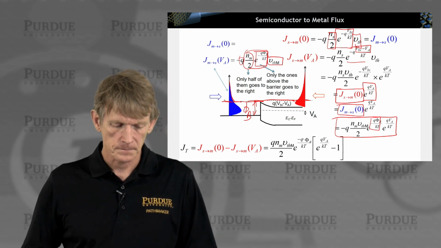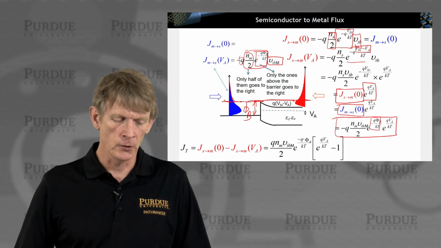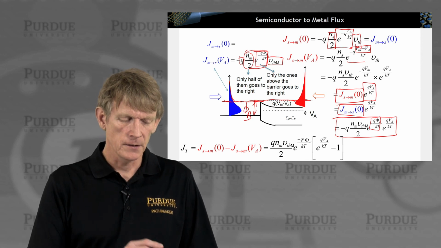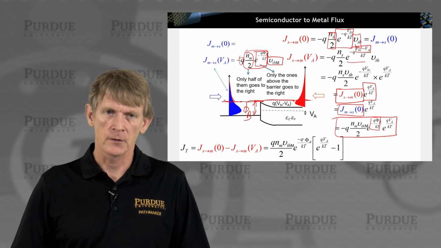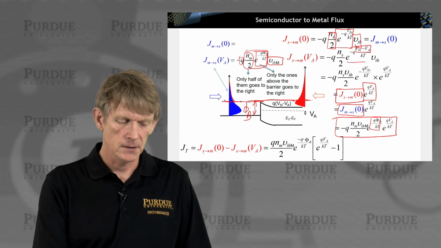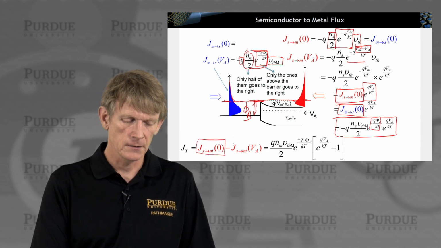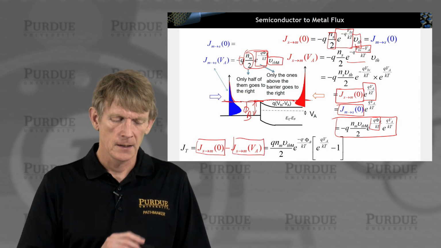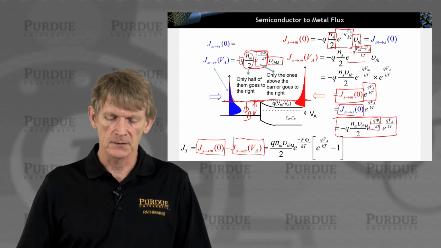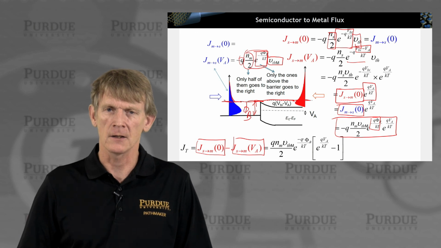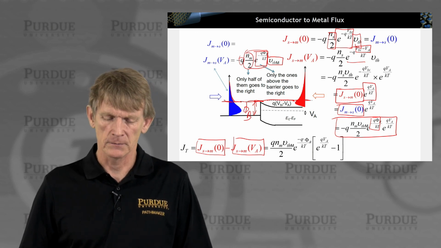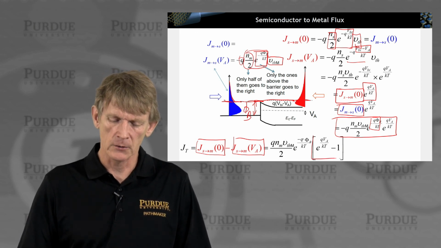Okay. Now the total current flowing is again, as looked at from the metal side, electron flow semiconductor to metal at the different biases. And here's an expression now that I just plugged in like this, okay? And I end up with something that looks rather familiar.